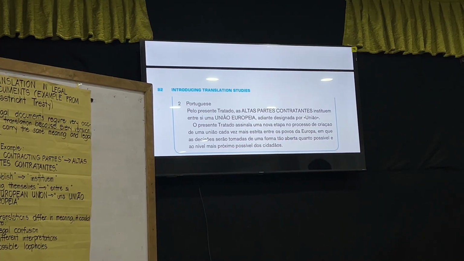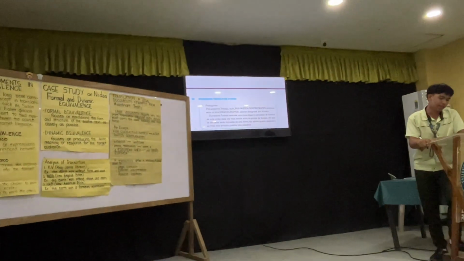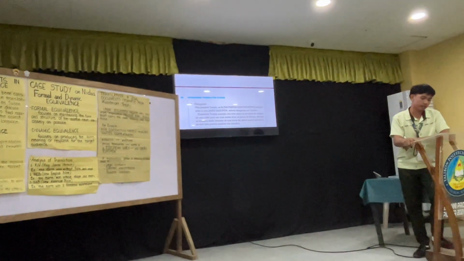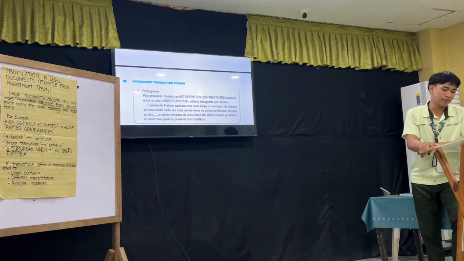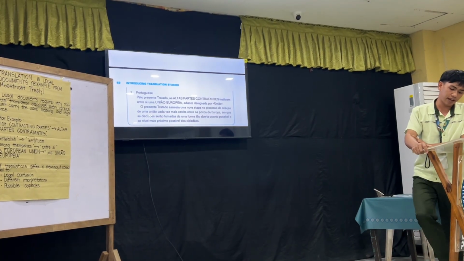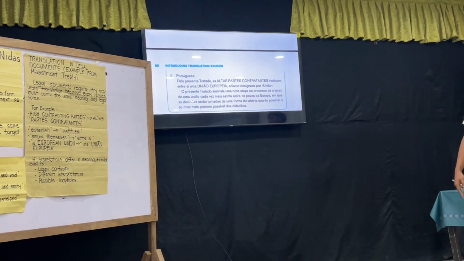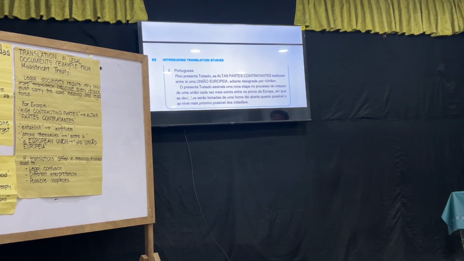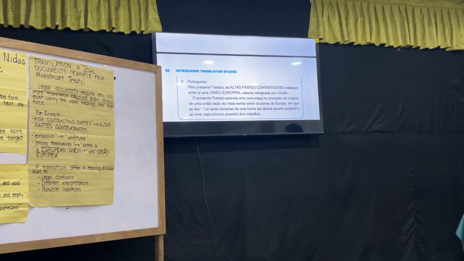So, why is it important? In legal translation, it is important that every version of the document produces the same interpretation and legal effect. If translations differ in meaning, it could lead to legal confusion, different interpretations, and possible loopholes.